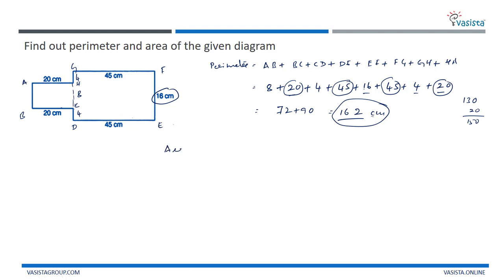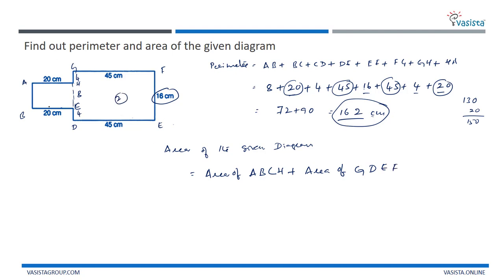Let the area of the given diagram be equal to the area of ABCH, see this is CH, plus the area of GDEF.